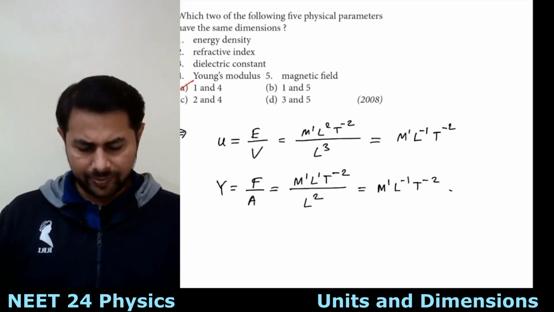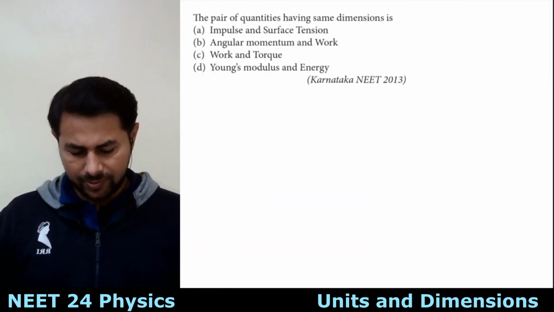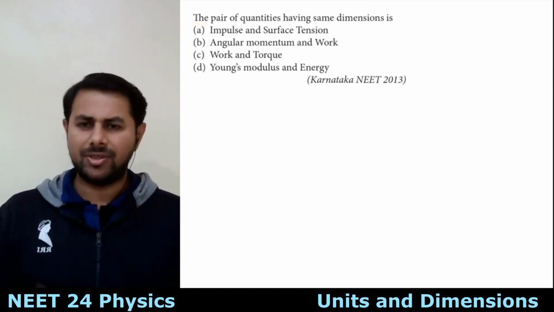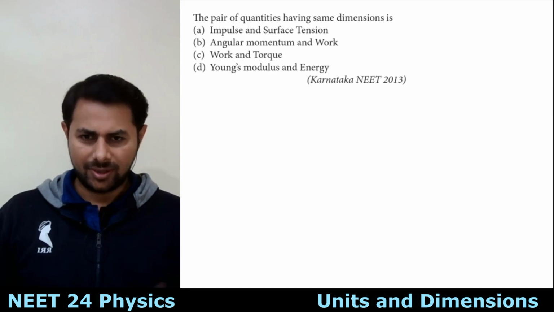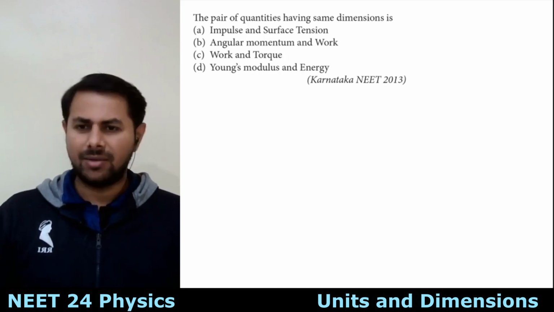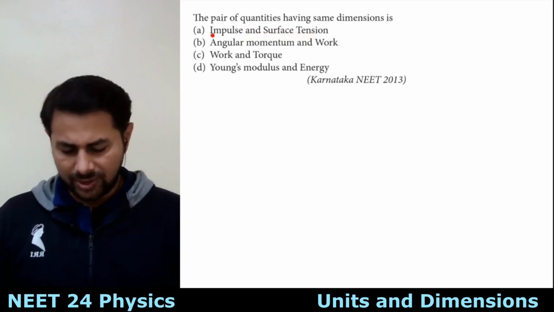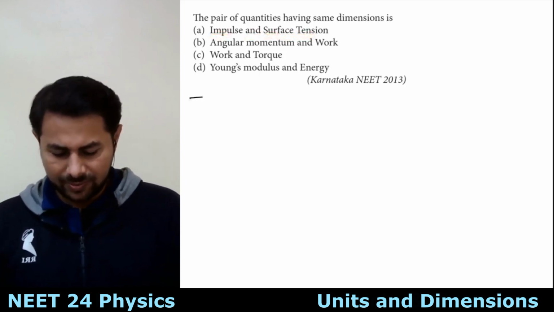Okay, good. So now you tell me the pair of quantities having same dimensions is. Yeah, good, Divashivani. Tell me, impulse and surface tension. Do you know what is impulse, what is surface tension?